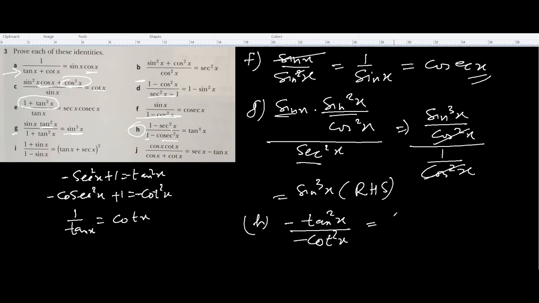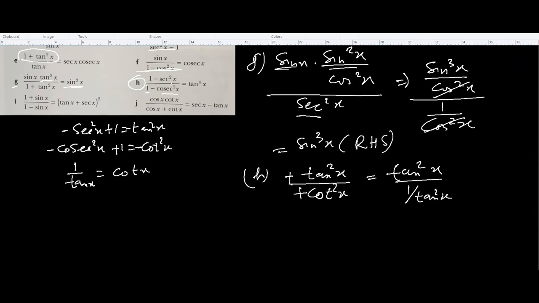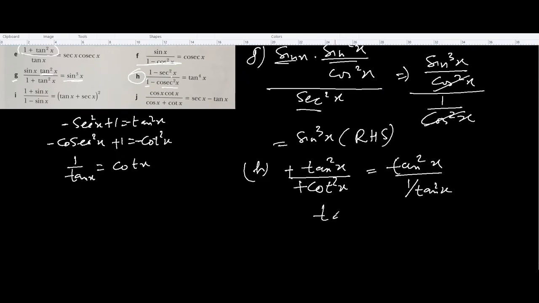Yeah, so we can write here minus and minus can cancel out. Tan square x will be the numerator, denominator will be 1 over tan square x, and denominator of a denominator is numerator. So tan square x multiplied by tan square x, which gives us tan to the power 4x, which is RHS.